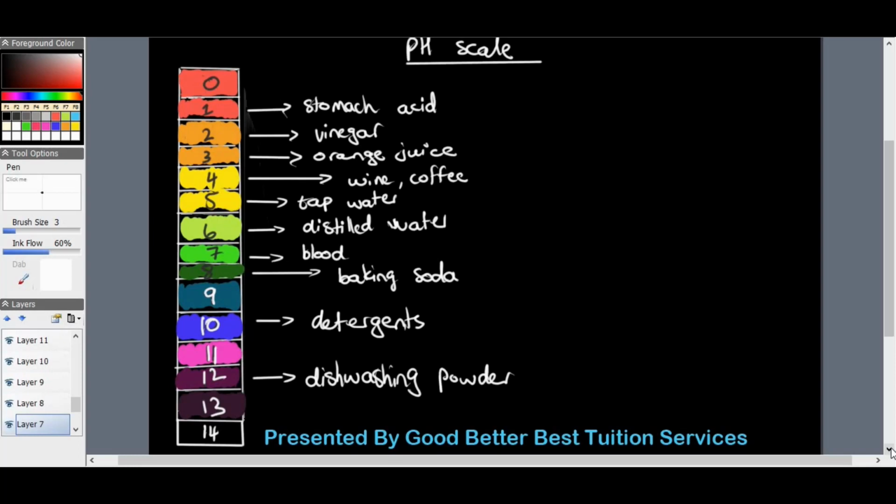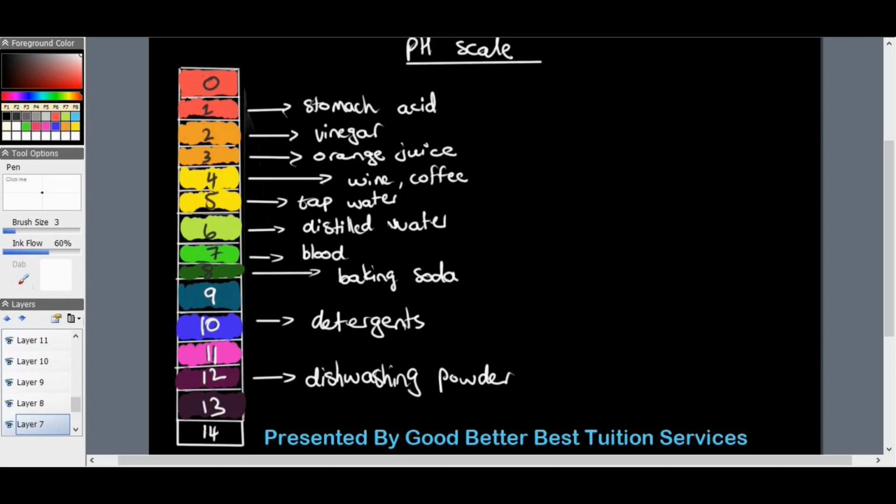But 0 would probably be your highly acidic substances, like hydrochloric acid or sulfuric acid, which are mostly chemically made acids, but obviously exist in natural form as well, of course. But stomach acid, 1, very highly acidic. You don't want to mix other substances with your stomach acid.